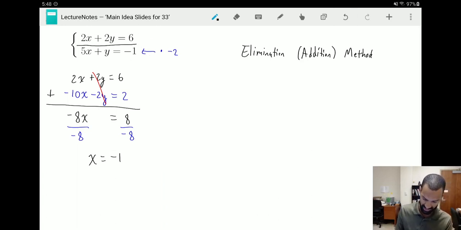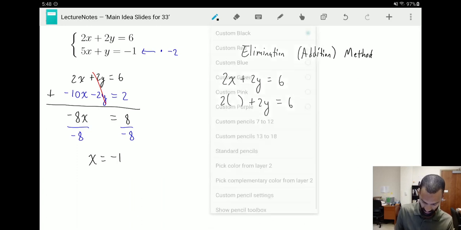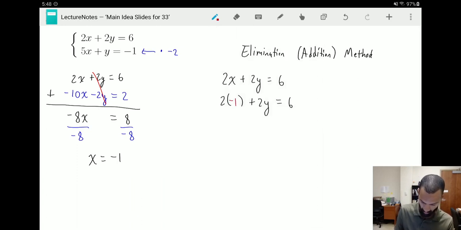2x plus 2y equals 6. And we have decided that x, at least the x value that we're interested in, is negative 1. So I'll plug in negative 1. 2 times negative 1 plus 2y equals 6. Well, 2 times negative 1 is negative 2.